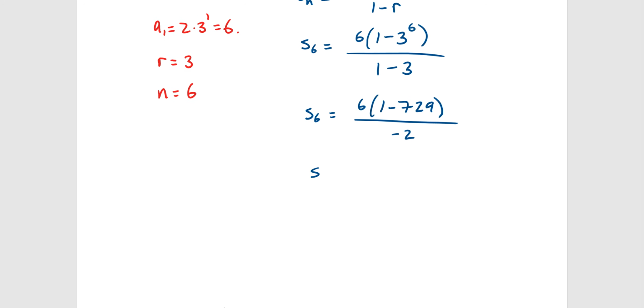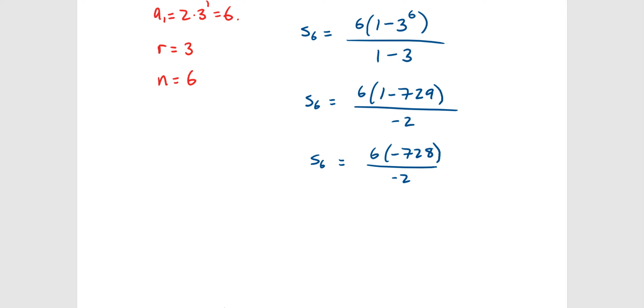And keep on going here. We have 6 times negative 728 divided by negative 2. And we end up getting the sum of the first 6 terms is 2,184.